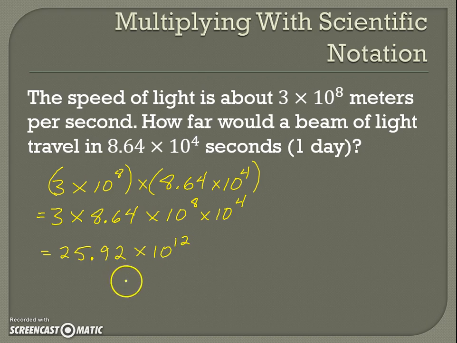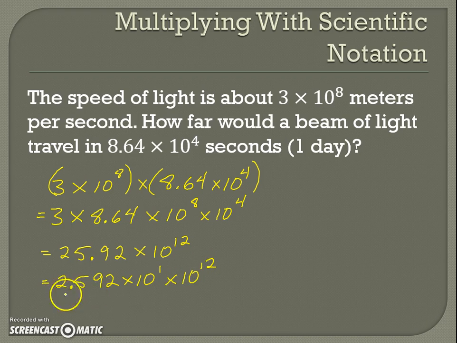Now, this is not in scientific notation because that first number has to be between 1 and 10, and that's bigger than 10. So I need to rewrite this in scientific notation. So I'm going to have 2. I need to move the decimal to the left 1. To write this number in scientific notation, it would be 2.592 times 10 to the first, but I still have this times 10 to the 12th.